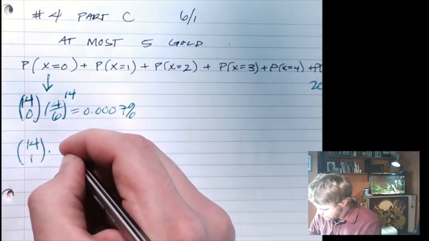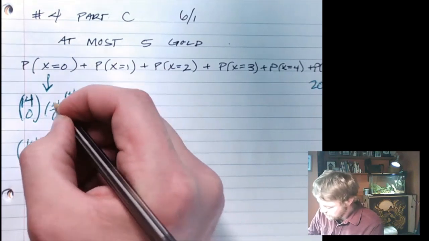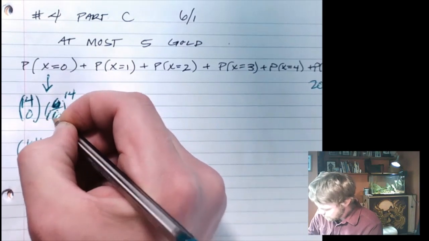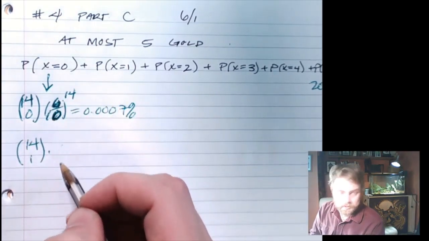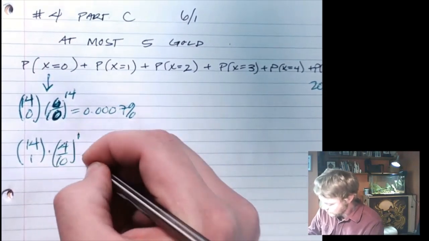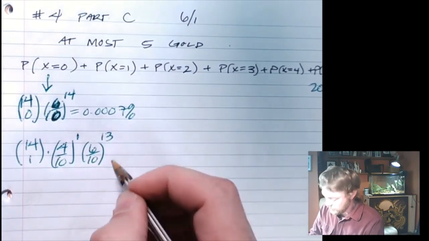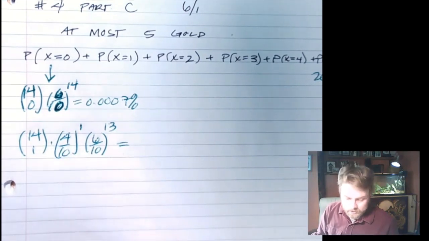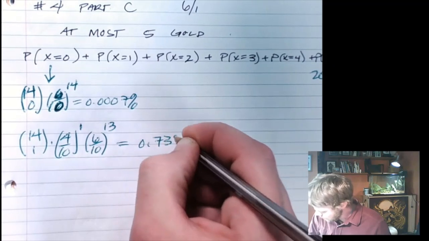Okay, probability X is 1 would be 14 choose 1. This should have been 6/10. Got that wrong. Okay, sorry, 6/10 for silver, 4/10 for gold. So we want one of those, 13 of those. And that calculates out to 0.73%.